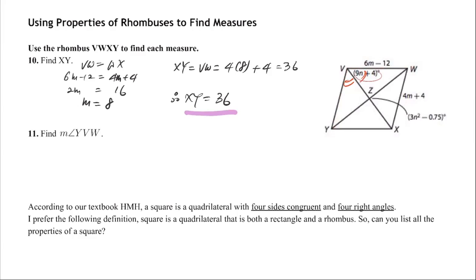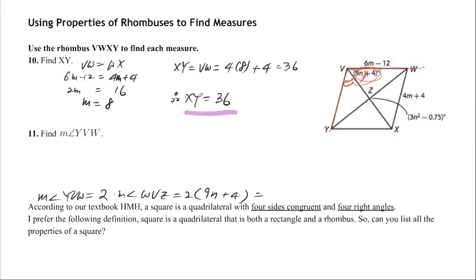So if I could find this angle, the YVW is twice that angle, isn't it? So you should think that through and maybe even write it down. The angle YVW is twice the measure of the angle WVZ, which is twice the 9n plus 4, isn't it?